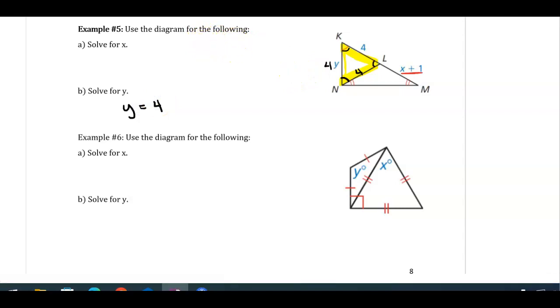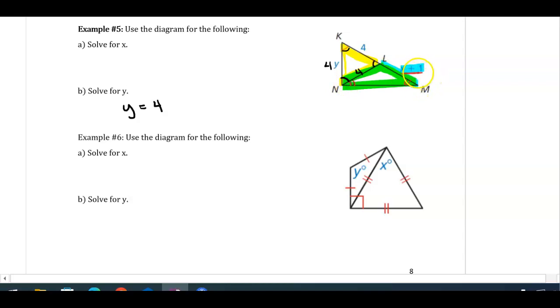Then I can go and solve for x. x is talking about this side length, so LM is x plus 1. What I'm concerned with is this triangle, because that's what LM is a part of. On this green triangle, this angle here and this angle here are equal.